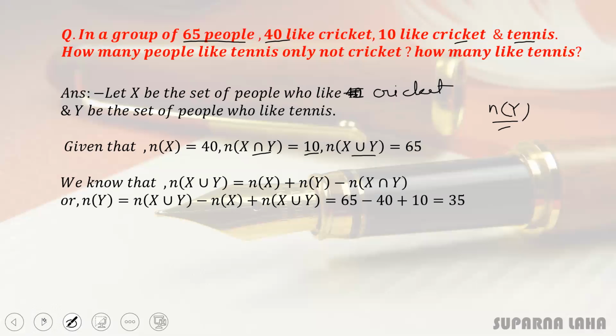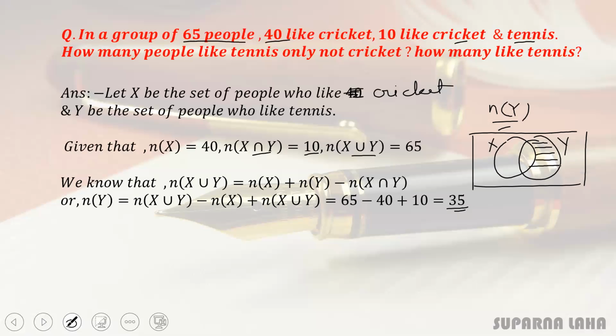Now you need to find the number of people who like just tennis, not cricket. If I draw the Venn diagram, this is the set of people X and this is the set of people Y. Firstly you find the number of elements in the set Y. Now you need to find this portion, those people who like tennis but not cricket.